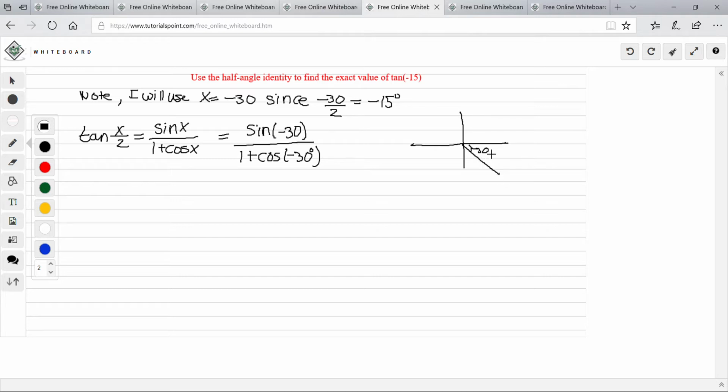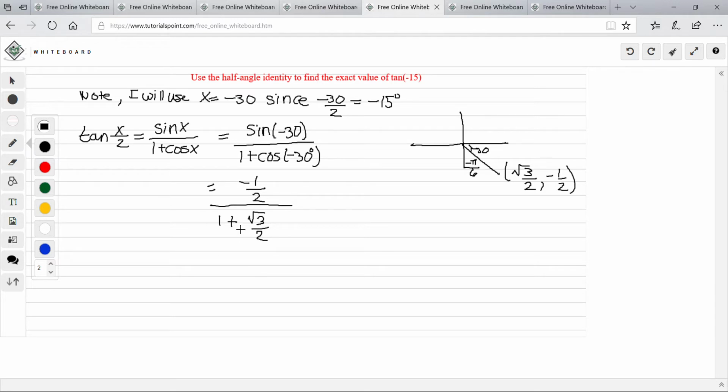It's also negative pi over 6, and has a coordinate of positive root 3 over 2, because cosine is positive, and negative 1/2, because sine is negative. So, good, we just have to plug it in. Sine of negative 30 is negative 1/2, divided by 1 plus cosine of negative 30, which is positive root 3 over 2.